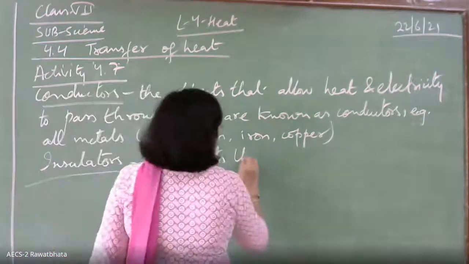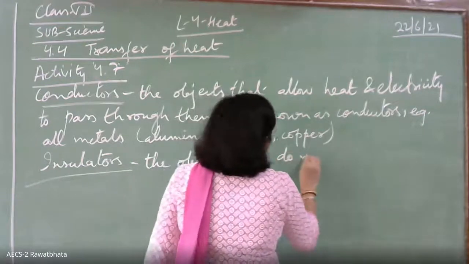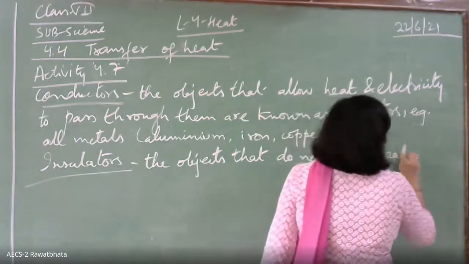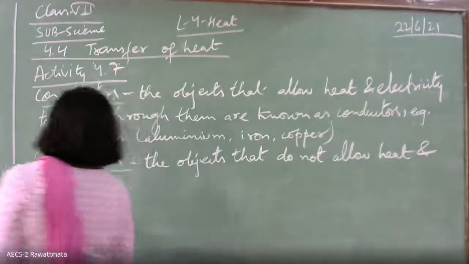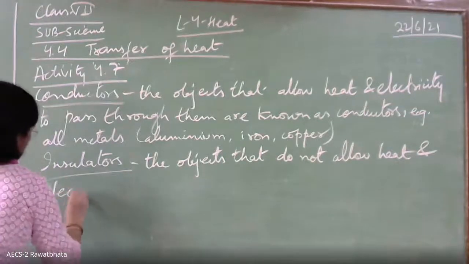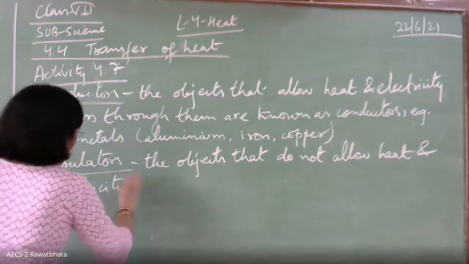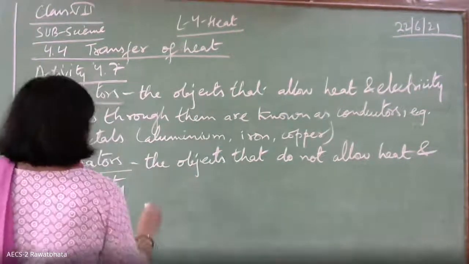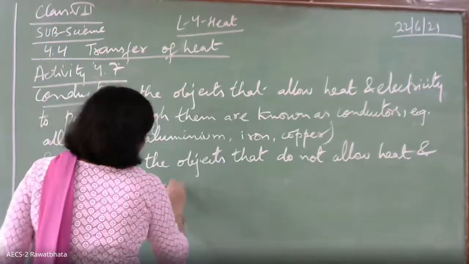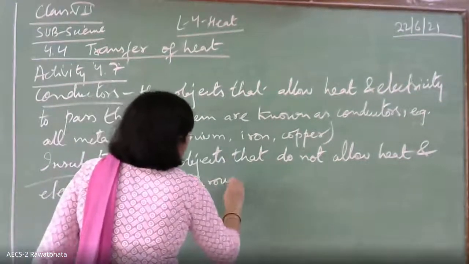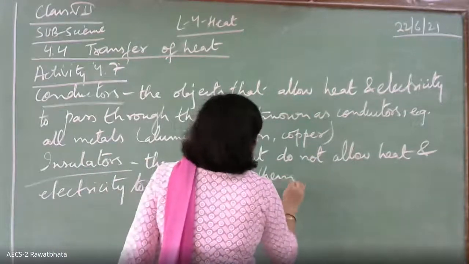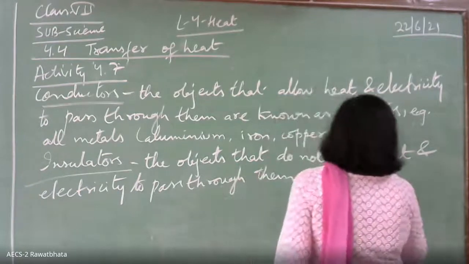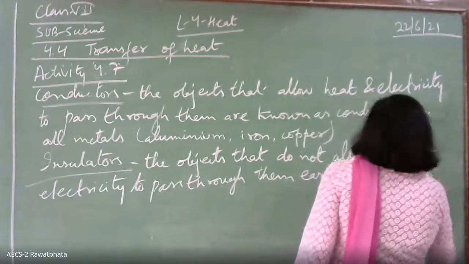The objects that do not allow heat and electricity to pass through them easily are known as insulators.